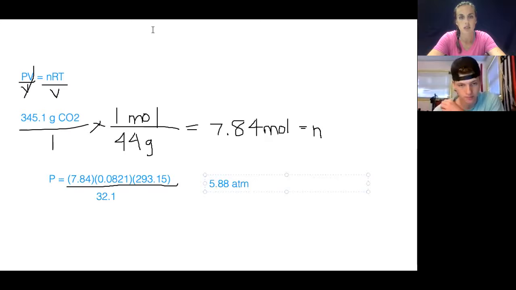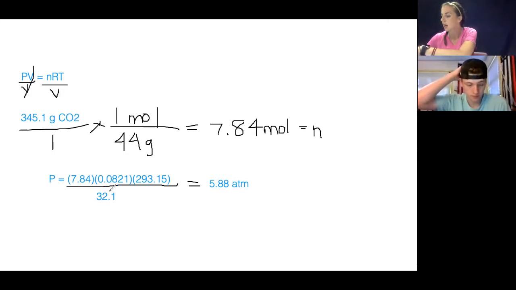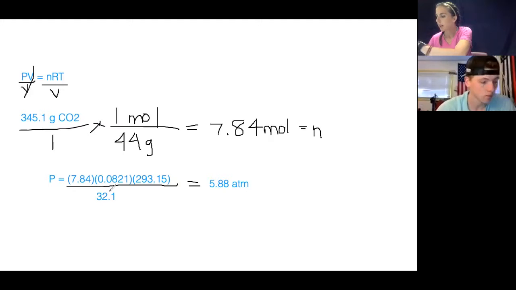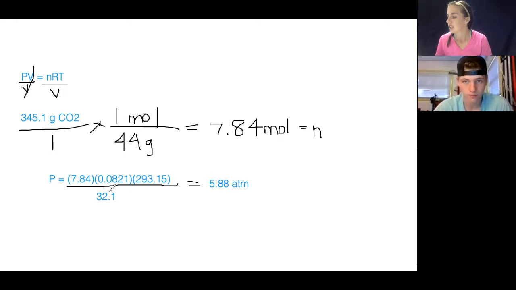Okay. Where was I off? Where does that 0.0821 come from? This is a constant. It's R. It's a constant number that you're supposed to memorize, I guess. It's on page 403. It's the ideal gas constant. It's just a number that you have to know.